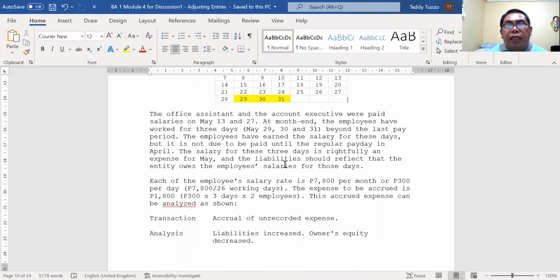The employees have earned the salary for these days, but it is not yet due to be paid until the regular payday in June, since our calendar is May.